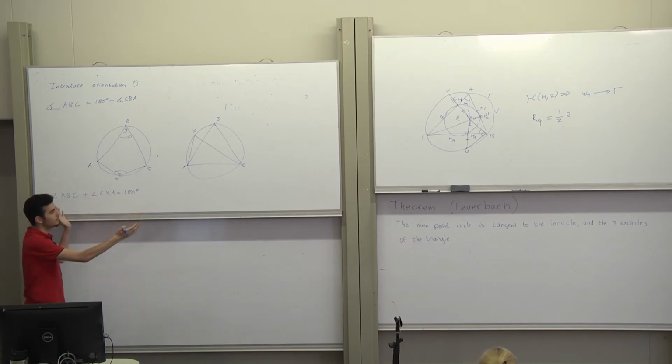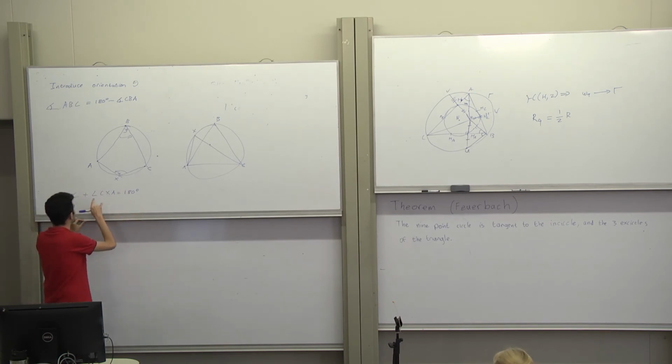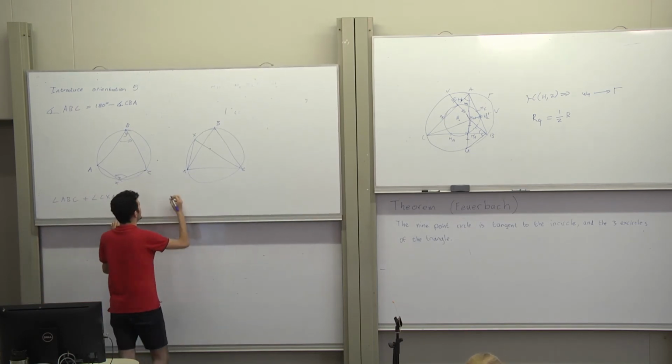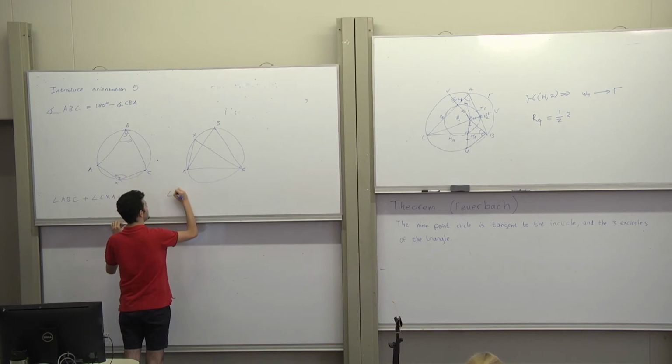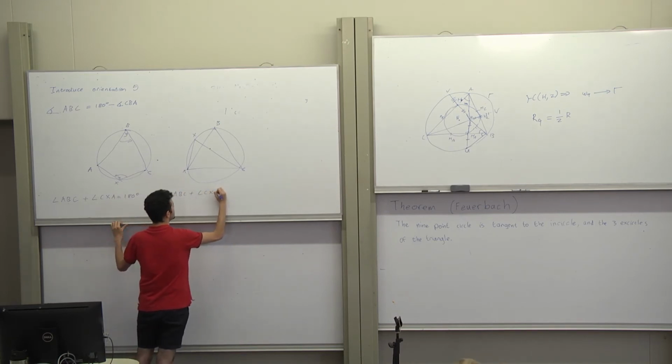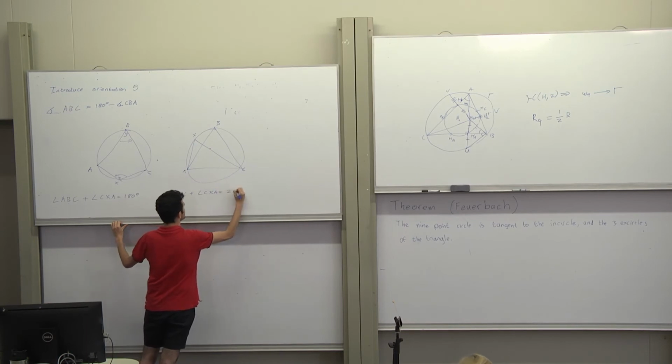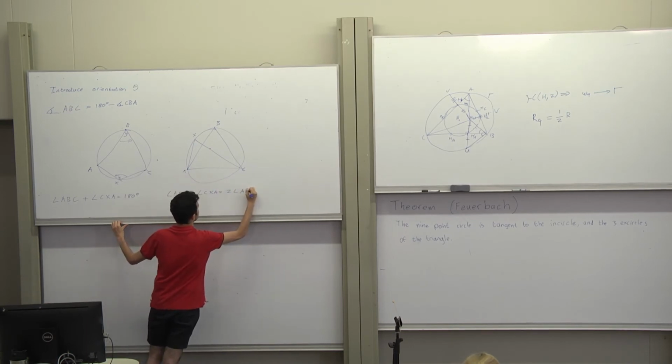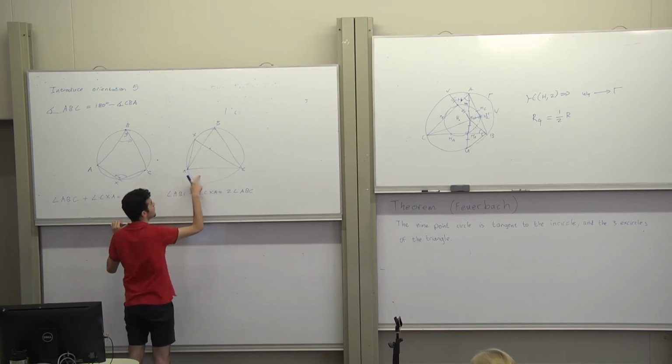This is fine, we all know this. But over here, in this case, we have angle ABC plus angle CXA is equal to 2 times angle ABC, because they're subtended from the chord.